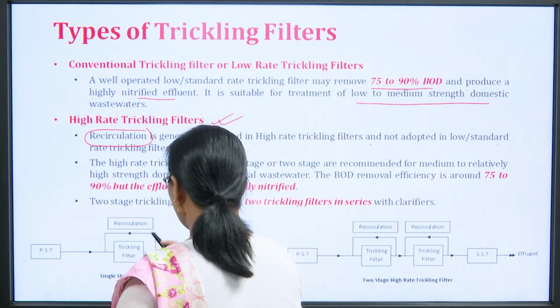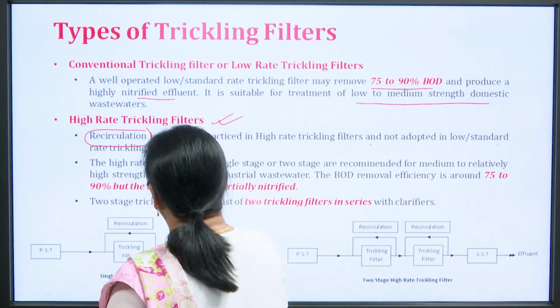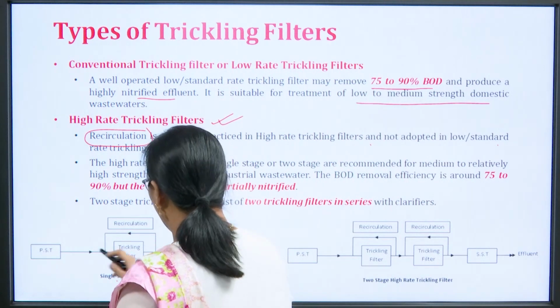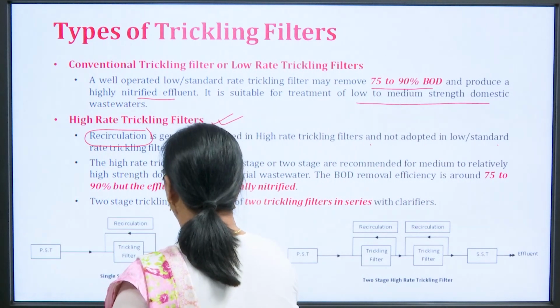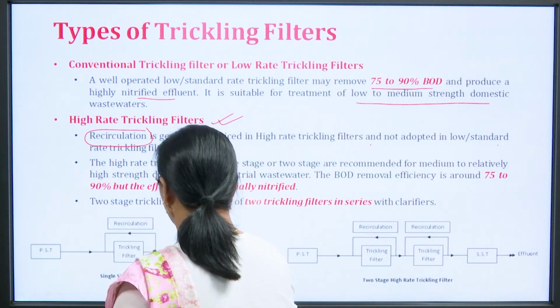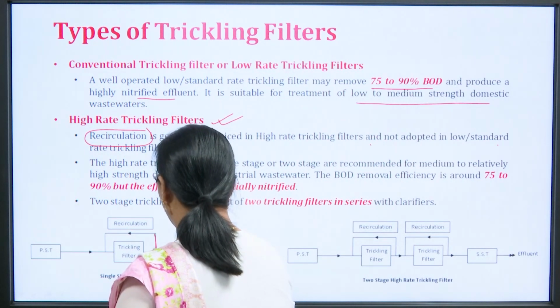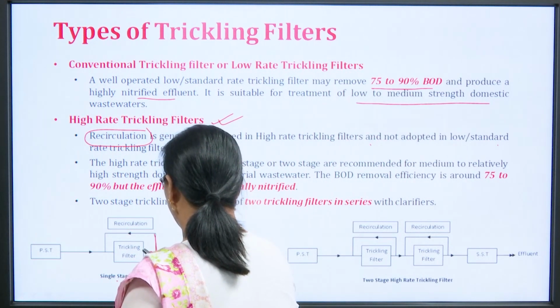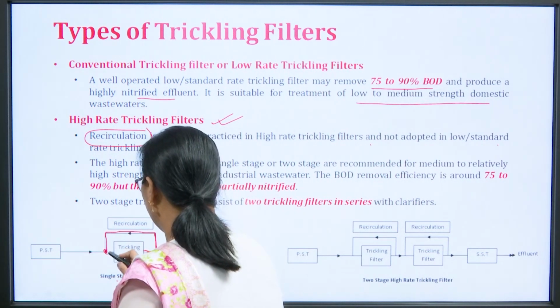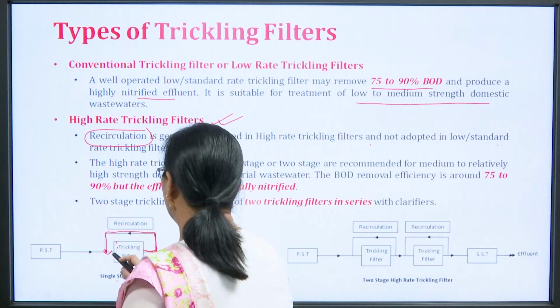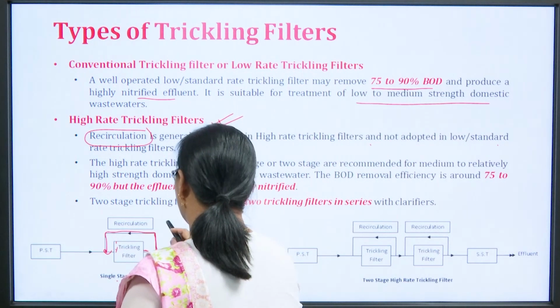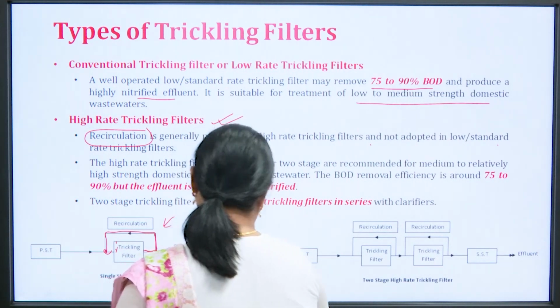In conventional you will have this line, but in a high rate trickling filter, you send back a part of the trickling filter effluent again to the trickling filter.